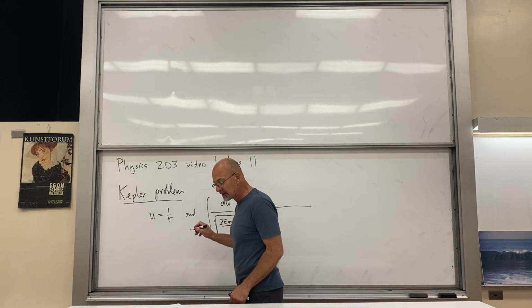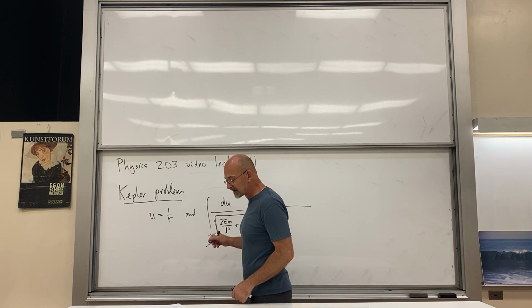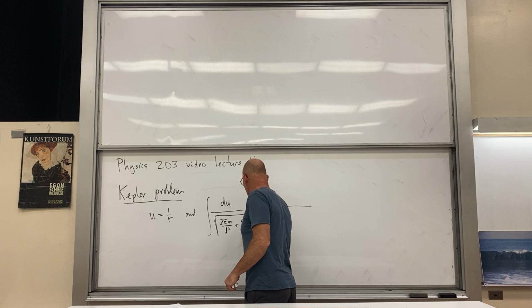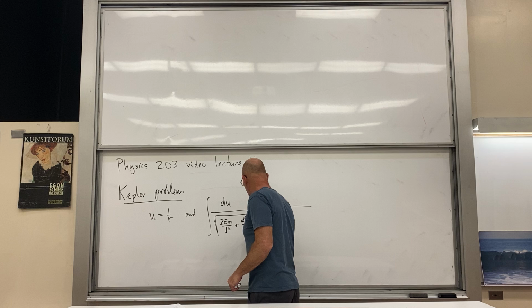2em over L squared plus, and notice this is all just a constant. These are all the parameters. Alpha squared m squared over L to the fourth.